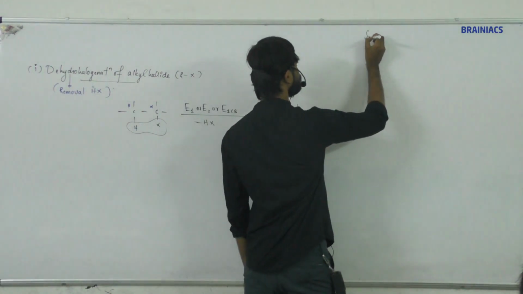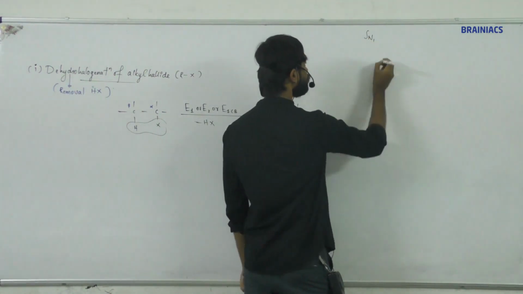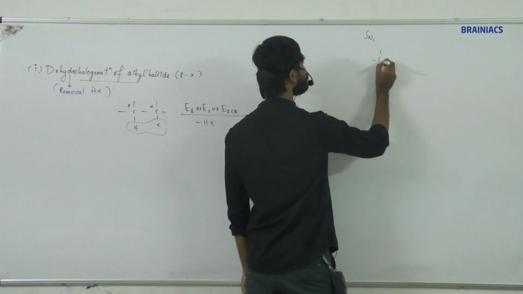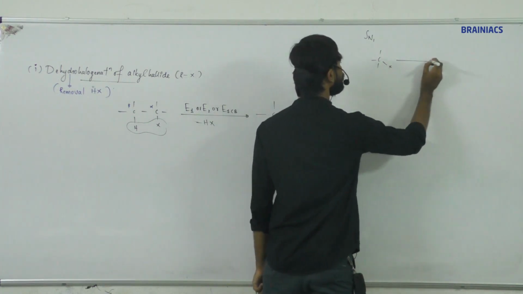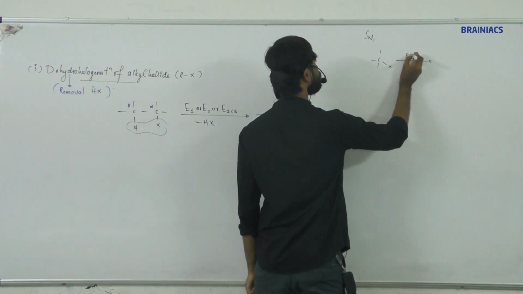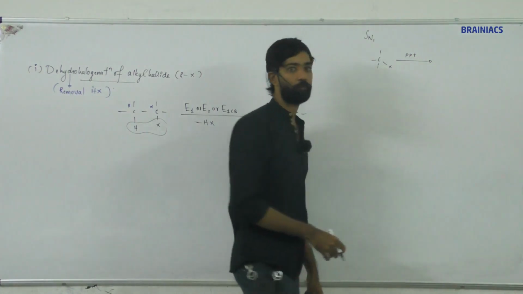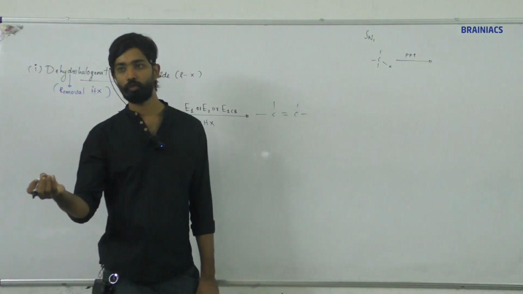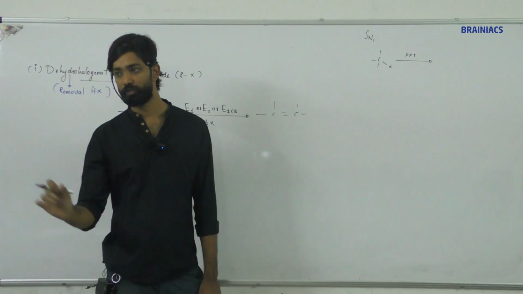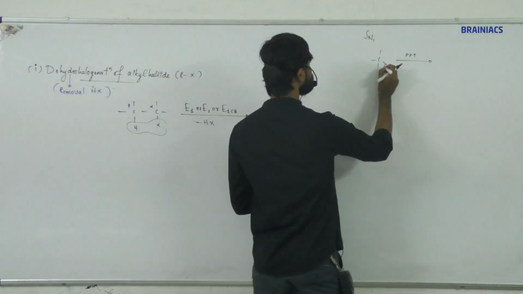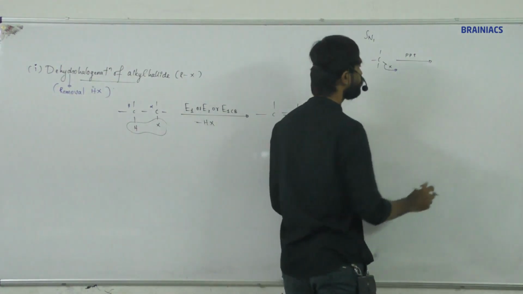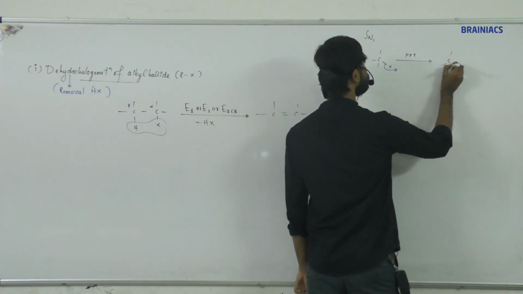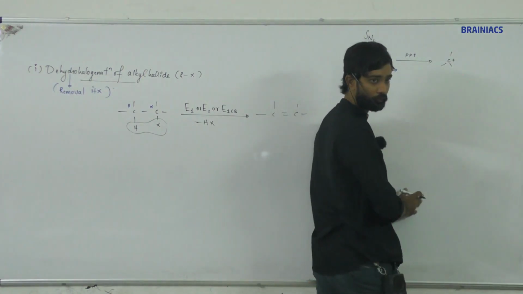SN1 means you are given the alkyl halide in presence of a polar protic solvent. Polar protic means a solvent which furnishes H plus, where the halogen is removed from the molecule to form a planar carbocation.